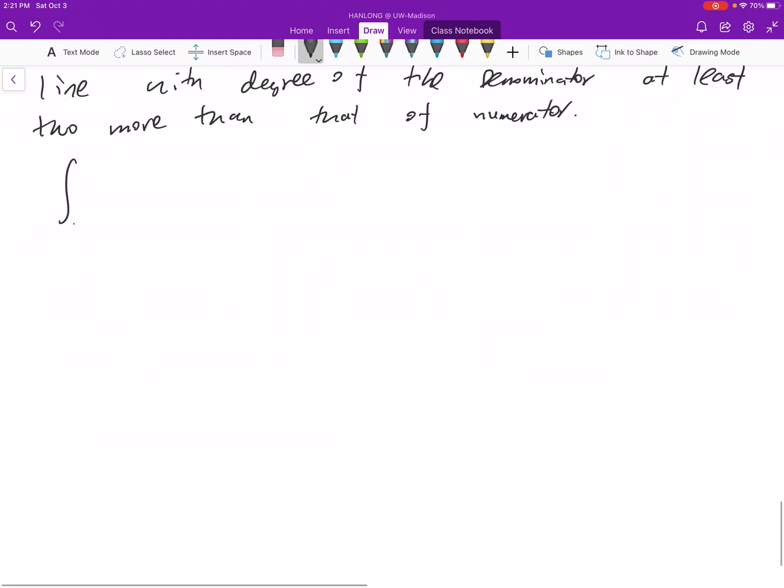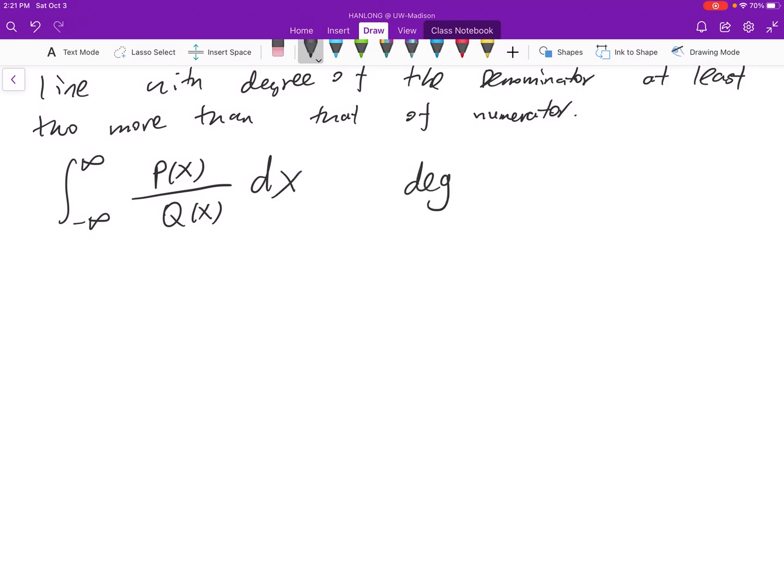In other words, we want to consider the integral for x from negative infinity to positive infinity of the function p(x) divided by q(x).